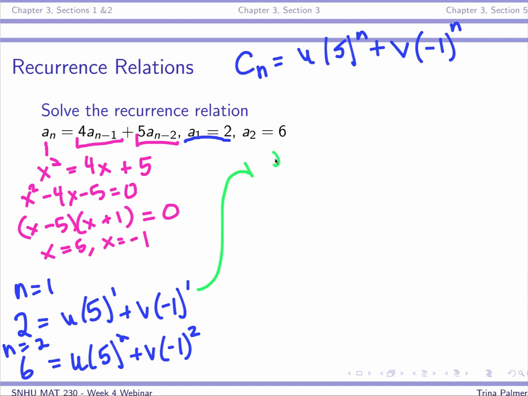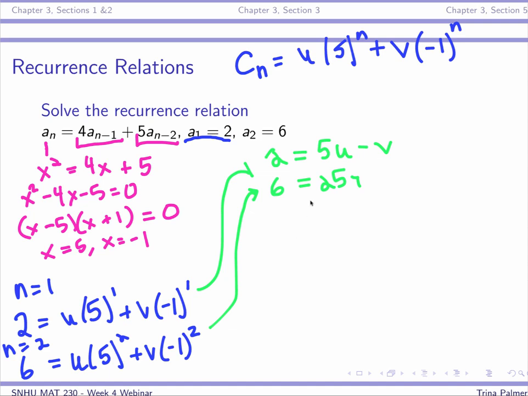So I'm just going to say 2 is equal to 5u minus v. And then 6 is equal to, 5 squared is 25, I have 25u.